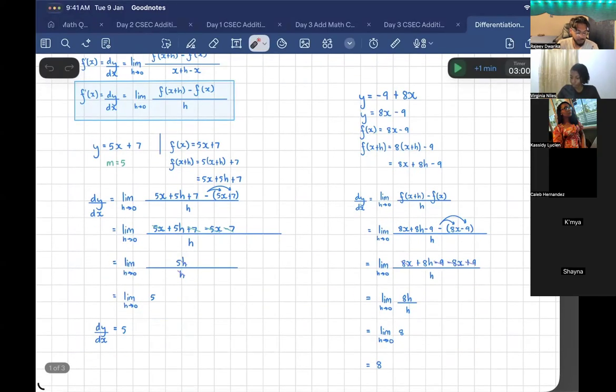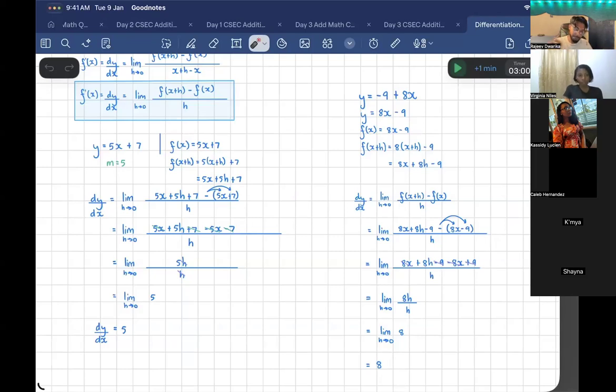The mathematicians would have done multiple tests with first principles and they would have recognized a pattern. Now, first principles is the proof. Obviously, you're not going to do the proof in the exam. You're just going to utilize what was learned in the proof.